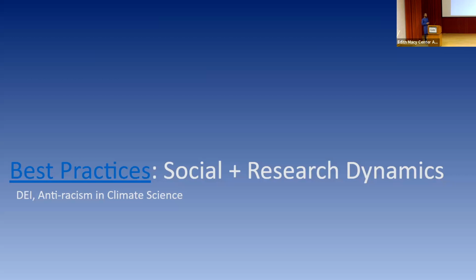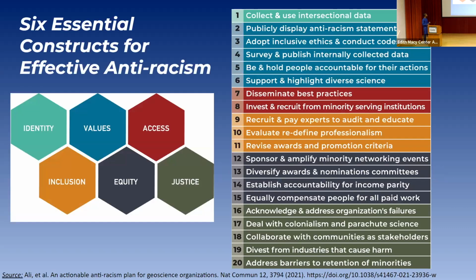That's definitely more Dr. Cogburn's expertise. But I've been really successful with diversifying climate science and integrating racial equity in my work, so I'm hopeful I can answer questions and give you more insights later. This is a great source: Ali et al., where they talk about six essential constructs for effective anti-racism.